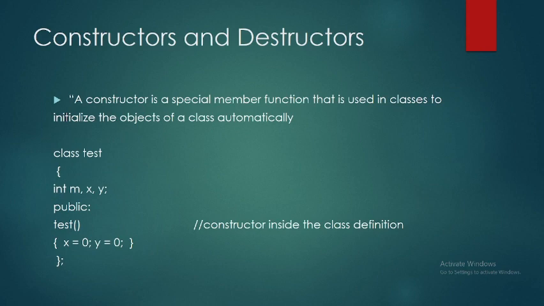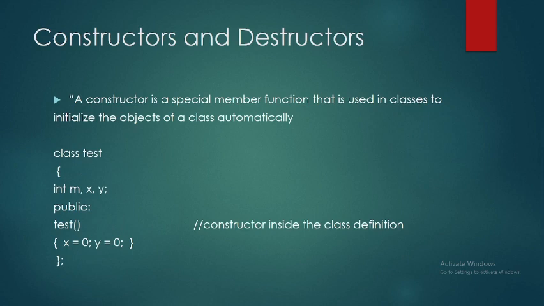The last feature of OOPS: constructors and destructors. Constructors are special member functions that are used in classes to initialize the object of a class automatically. And destructors, as the name says, destroy the object after it has been worked with.